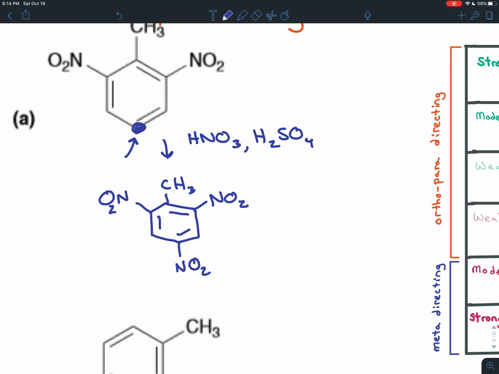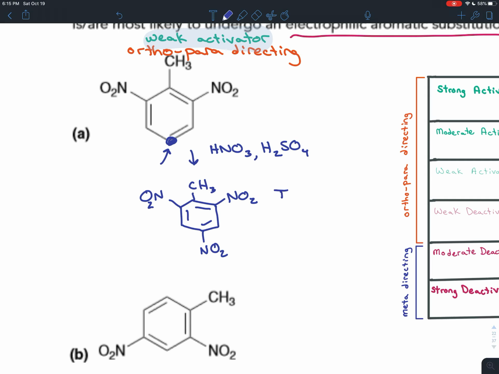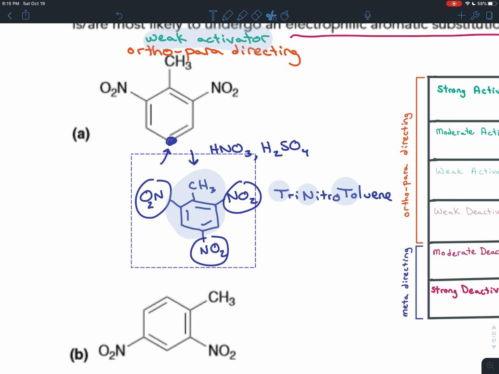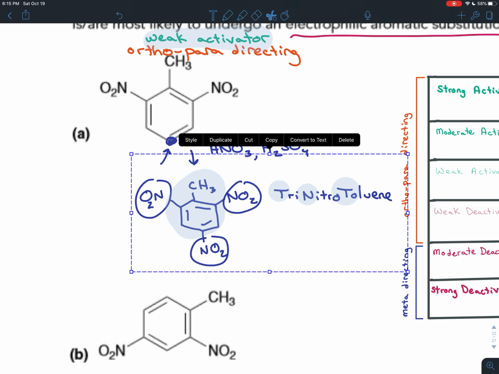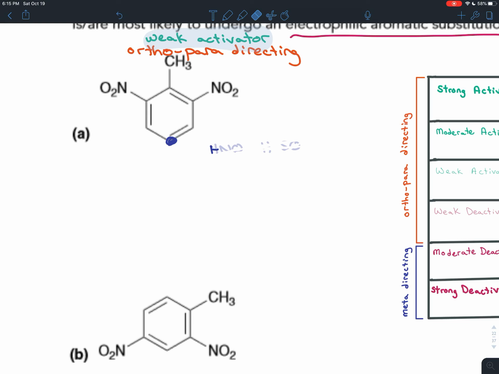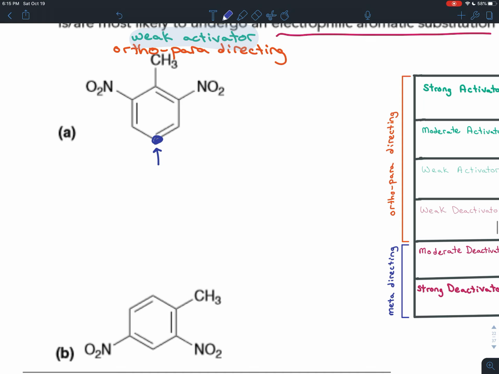TNT stands for trinitrotoluene. And so here we have 3 nitro groups. And if you remember, a methyl group on a benzene ring is toluene. So trinitrotoluene, that's TNT. Okay, so that's what you would get, for example, if you did a nitration on that ring. So the branch would add there.